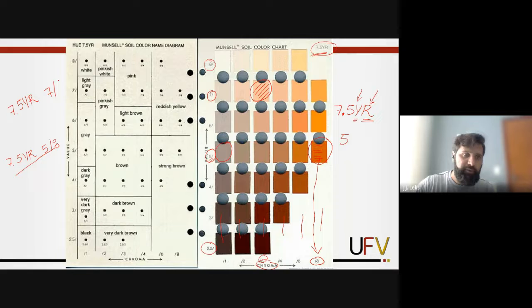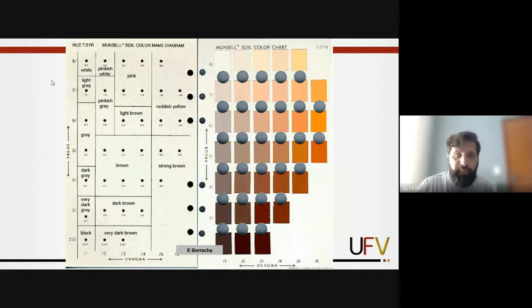So it's here. Okay. It is a universal code, so everyone on earth can understand which color you describe in the field, okay? All these colors should be described for all horizons that you identify in the field, and you should describe them dry and moist. If you go to the field and the soil is moist, you can just describe the moist color, okay? But the official color of a horizon is the moist color, okay?